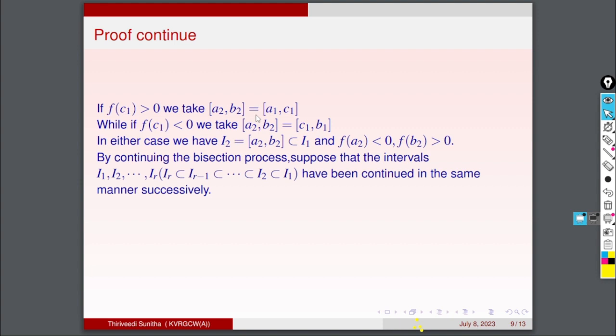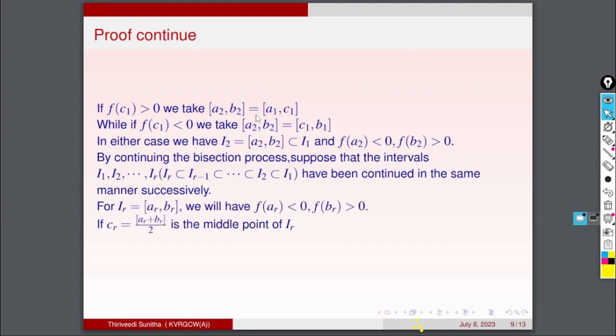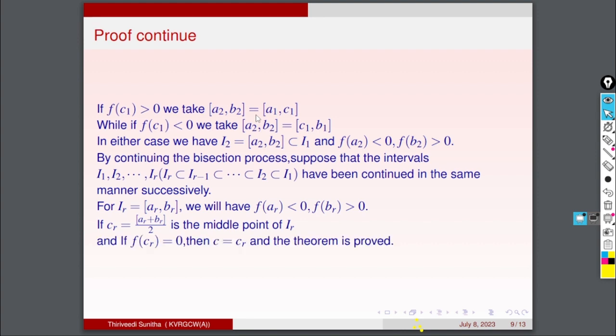First I1 is [a, b], and this is continued in the same manner successively. For Ir = [ar, br], we will have f(ar) < 0 and f(br) > 0. If cr = (ar + br)/2 is the midpoint of Ir, and if f(cr) = 0, then c = cr and the theorem is proved.